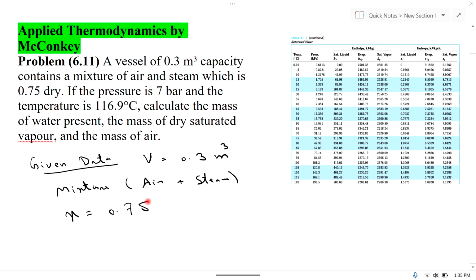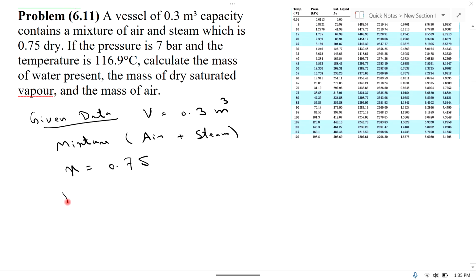X is 0.75. The pressure of the mixture of steam and air is 7 bar, which is equal to 7 multiplied by 10 power 5 Pascal or Newton per square meter.